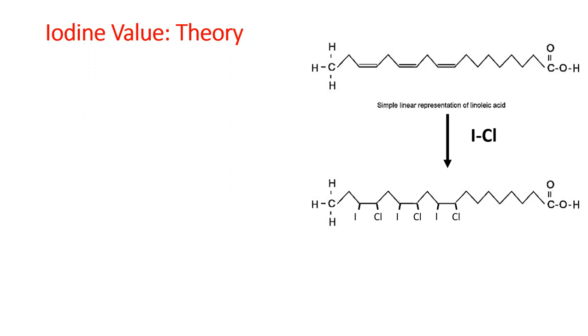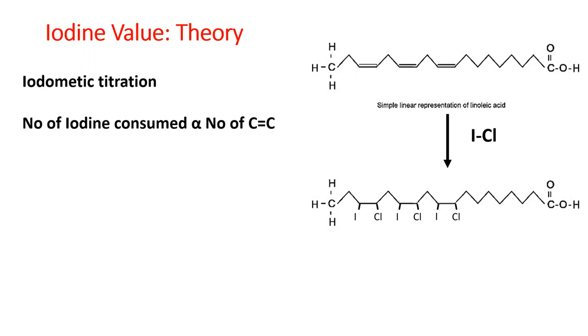This is an iodometric titration, which makes use of sodium thiosulfate. Here the amount of iodine consumed will be directly proportional to the number of unsaturations, or directly proportional to the number of C double bond C in a molecule or in a fatty acid.